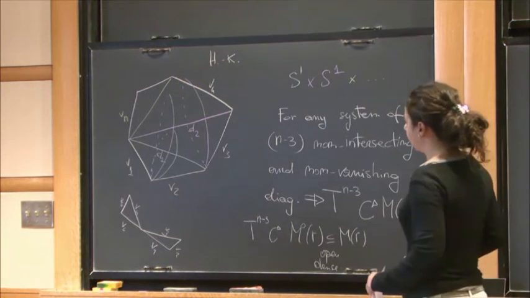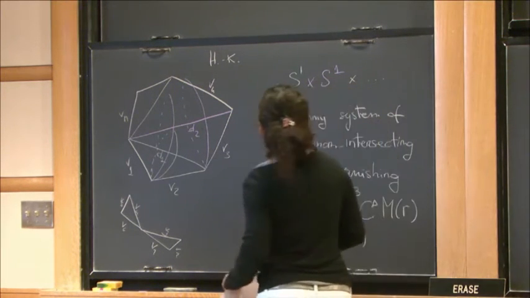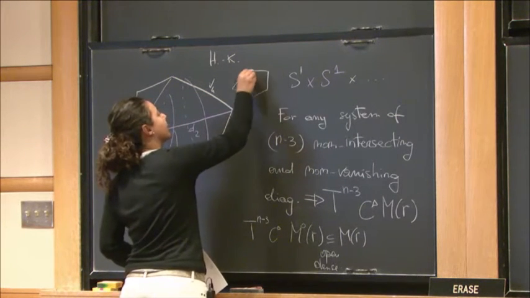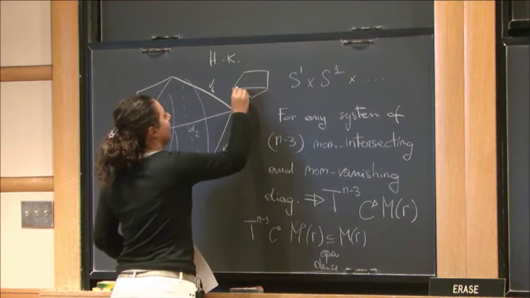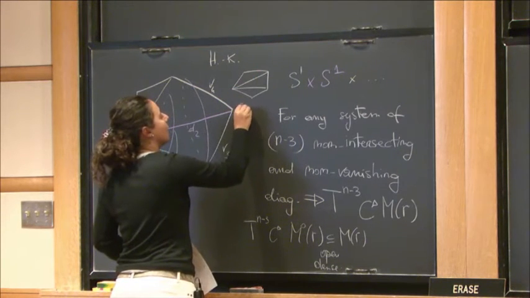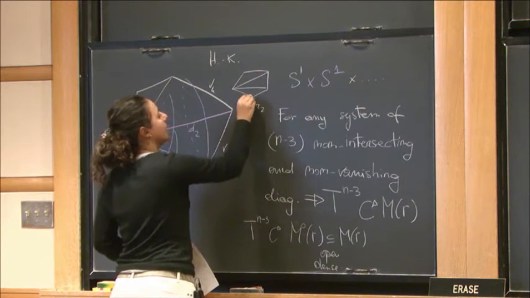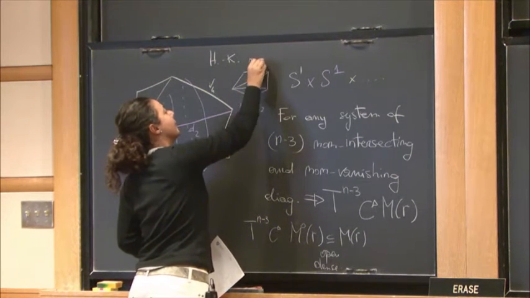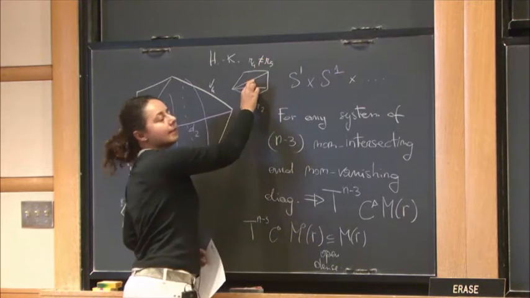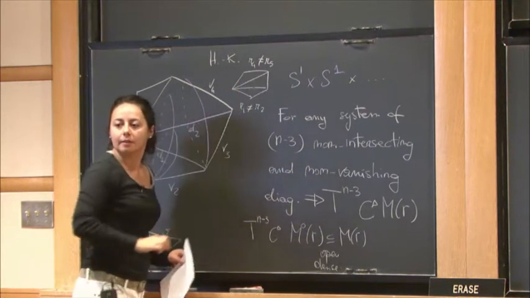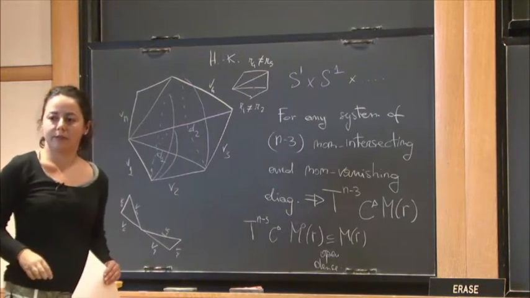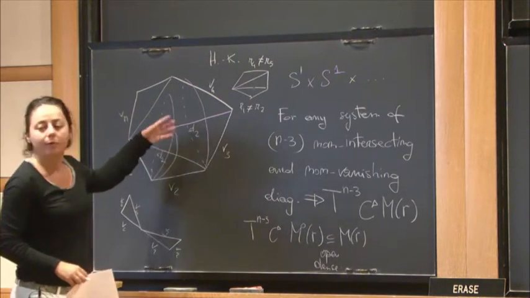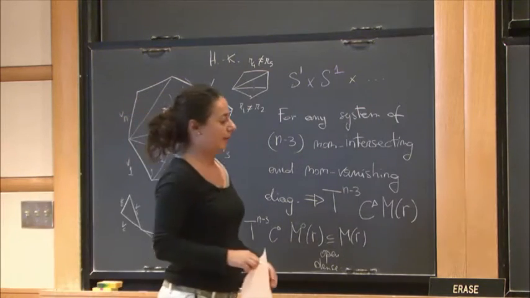For example, in the case of the 5-gons, this is easier to give as a numerical example, 1, 2, 3, 4, 5, because it's sufficient that you require that R1 is different from R2, so this diagonal D1 will not vanish, and R4 is different from R5, so the last diagonal will not vanish, and then you're guaranteed you have a good toric action. For a higher number of edges, you have more variables.